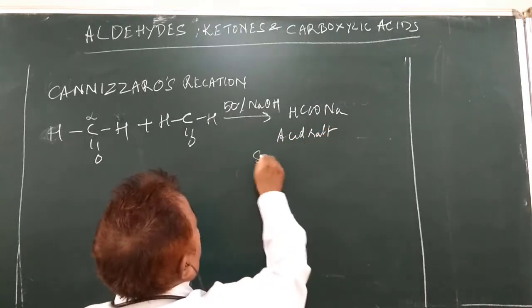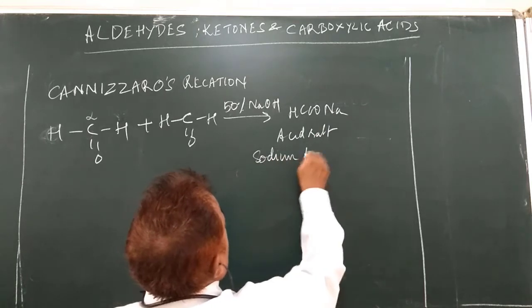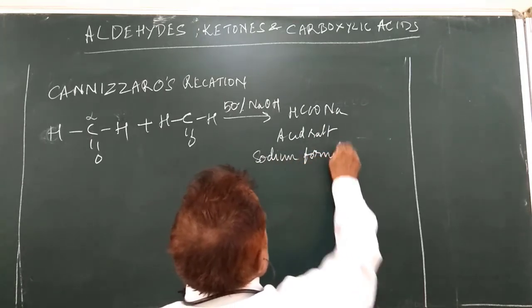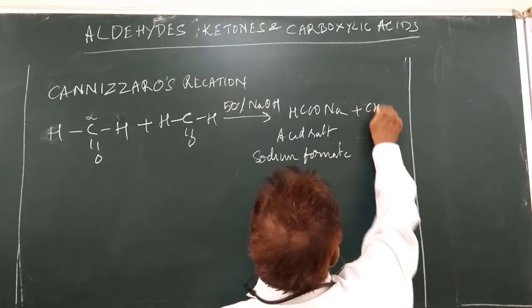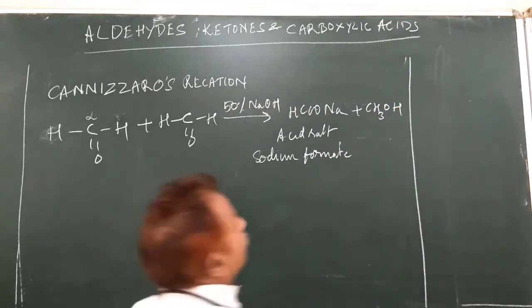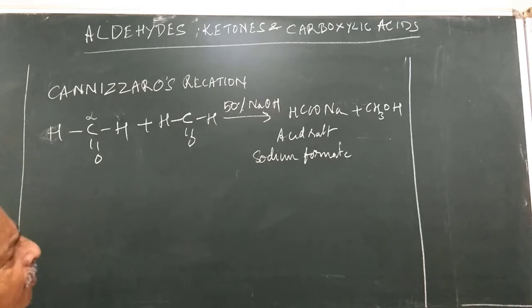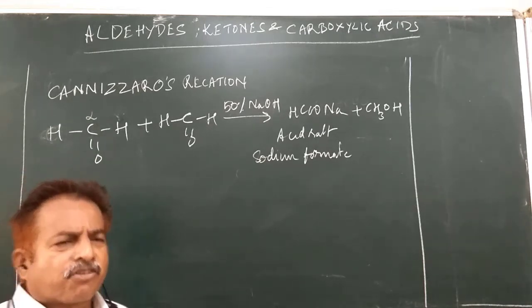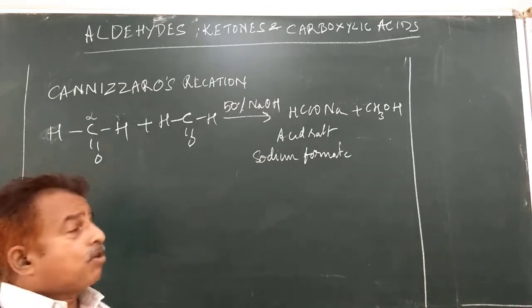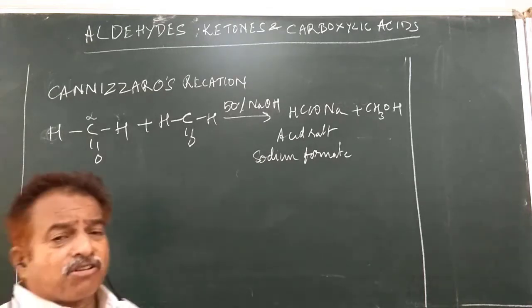This is sodium formate, and the other molecule undergoes reduction. This is CH3OH. The molecule which undergoes reduction forms alcohol, and the molecule which undergoes oxidation forms an acid salt. Such a reaction is known as the Cannizzaro reaction.